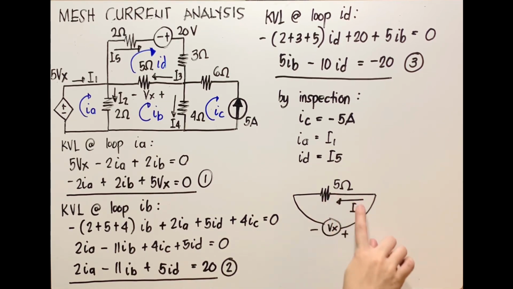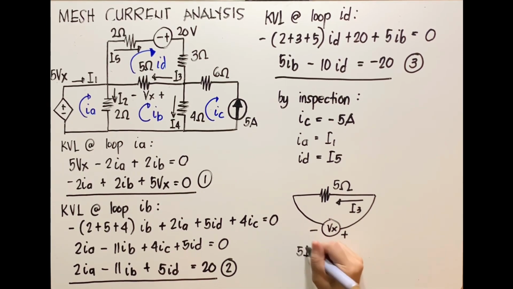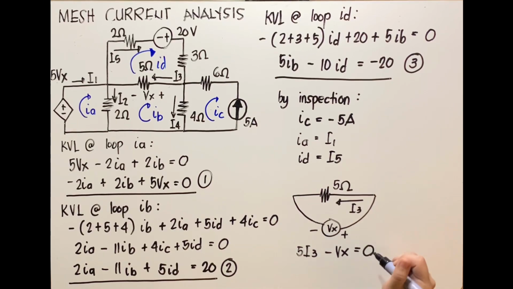We're going to do KVL here. So if I take KVL on this loop, that would be positive 5I3. Tama ba? Pasok sa positive, labas sa negative, negative Vx. Equate that to 0, which shows that Vx is simply equivalent to 5I3.